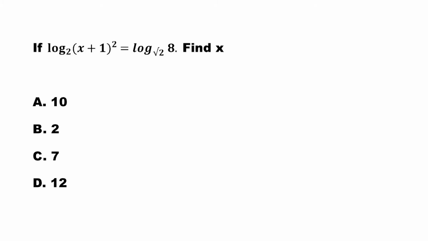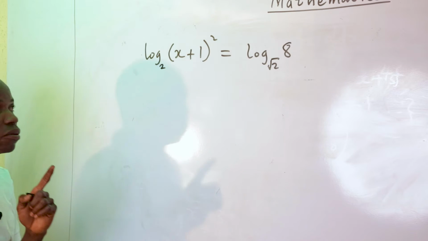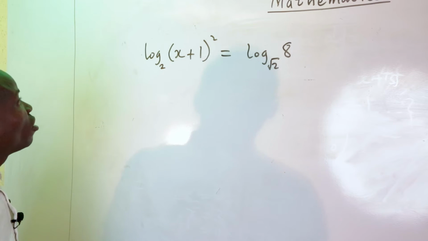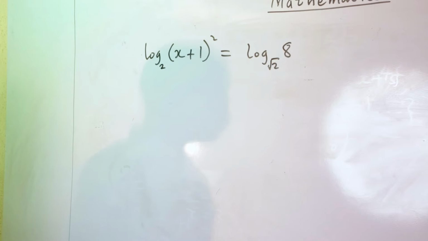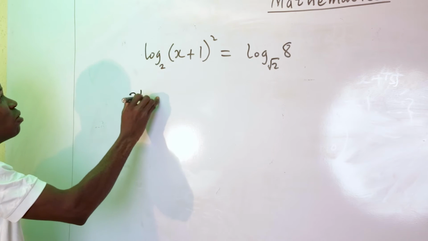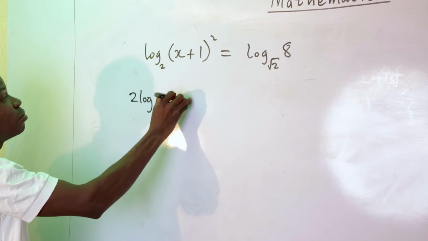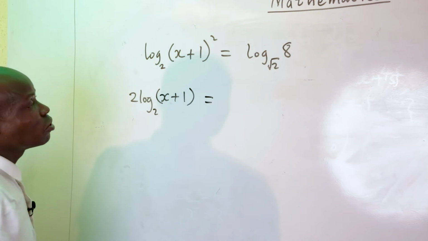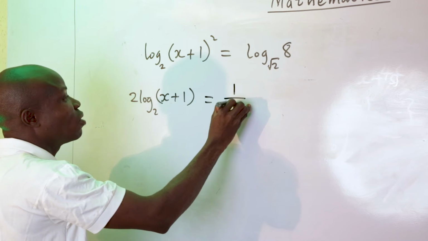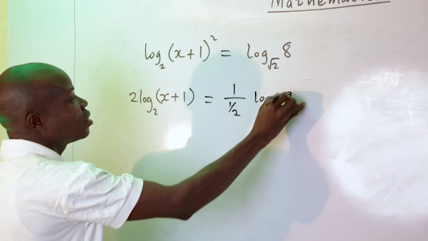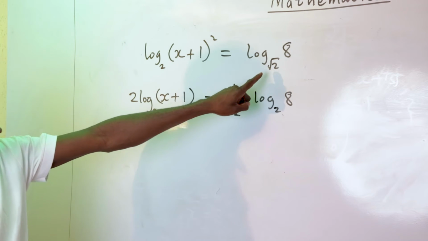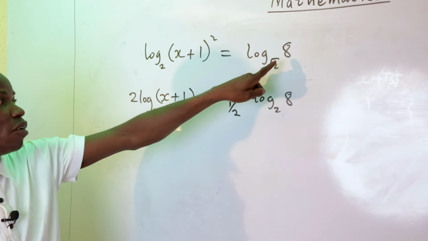If 2 log x plus 1 to the base of 2, that is log of x plus 1 squared to the base of 2, equals log 8 root 2, we are asked to find the value of x. In this case, we have to recall the law of logarithm, which involves the power. So here we have 2 log x plus 1 base 2 being equal to 1 over 2 log 8 base 2, where root 2 is 2 raised to the power half.